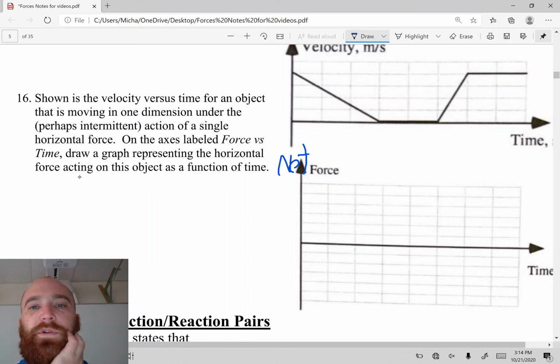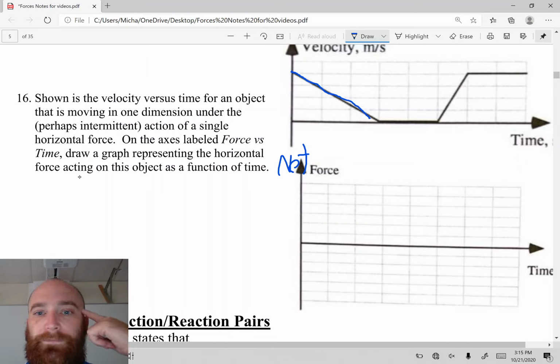So let's go. Forces cause accelerations. 0 force causes 0 acceleration. Here, the velocity is changing. It has an acceleration. Is it a positive or a negative acceleration? I'm hoping you're telling me it's negative. So I'm just going to draw a negative line.